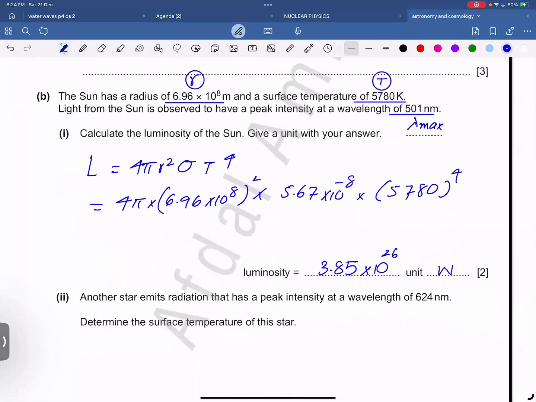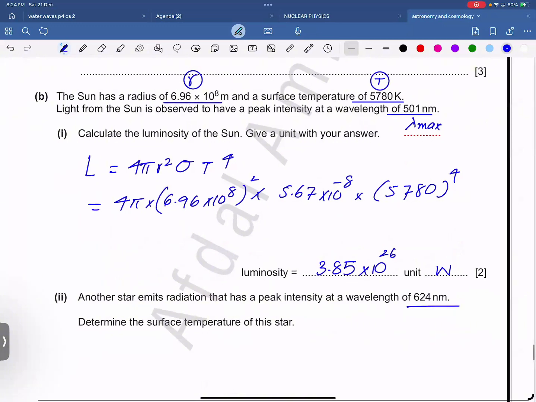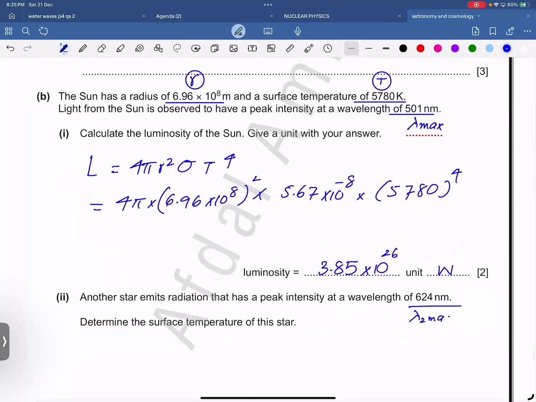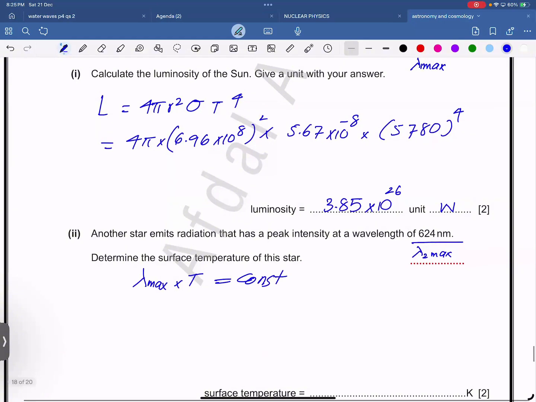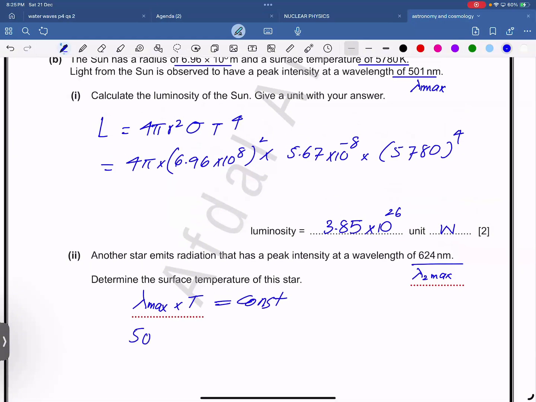Another star emits a radiation that has peak wavelength. This is lambda 2 max. The second star. So this is lambda 1 max. Yes or no? Determine the surface temperature. You know that lambda max times T is what? Constant. So lambda max 1, how much? 501 nano.